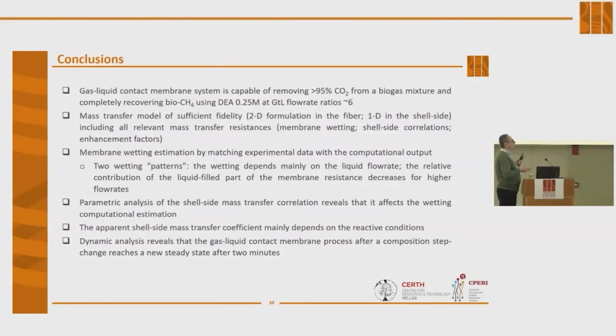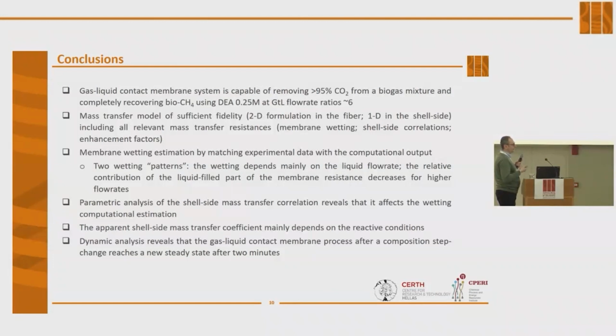To sum up, we believe that we presented a mass transfer model of sufficient fidelity using a 2D formulation of the fiber, 1D in the cell side, including all relevant mass transfer resistances. The process is very efficient.